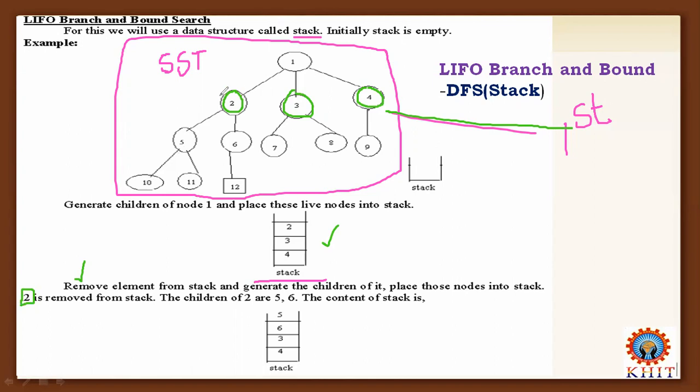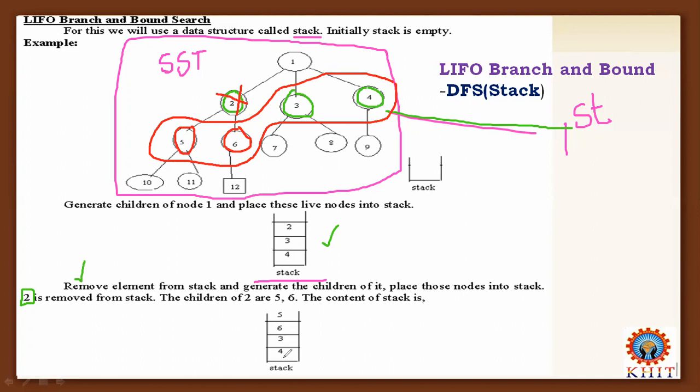If I remove node 2, the next nodes, node 5 and node 6, are to be considered in the first iteration. So node 3, node 4, node 5, node 6 are to be considered, and these nodes are to be placed in the stack.